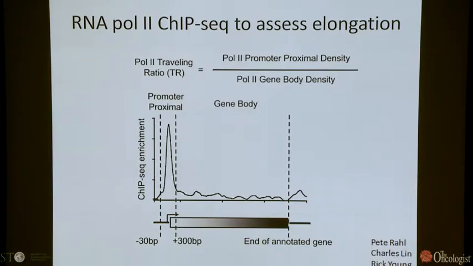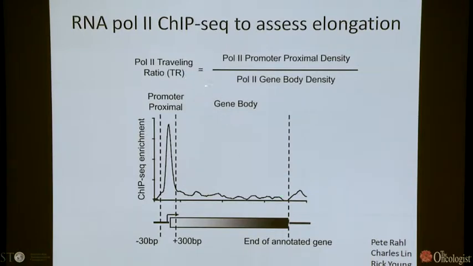So to determine whether this was indeed the mechanism by which the drug was working, we collaborated with Rick Young's lab at the Whitehead, who has a lot of expertise in looking at elongation, using a ChIP-seq assay in which they measure RNA POL2 binding across chromatin. They measure the amount of RNA POL2 bound in the promoter region versus the amount of POL2 bound in the gene body.